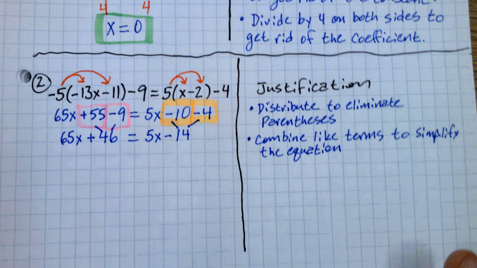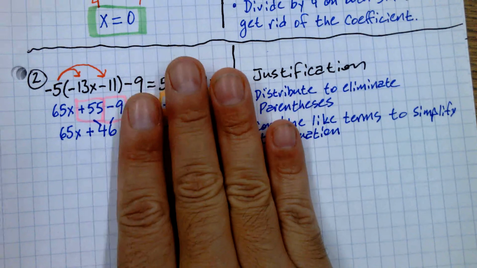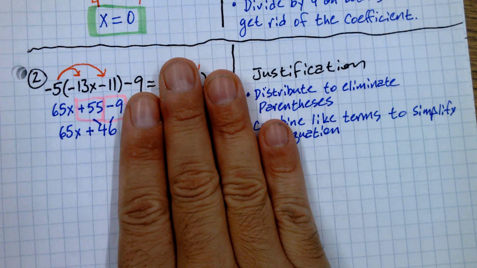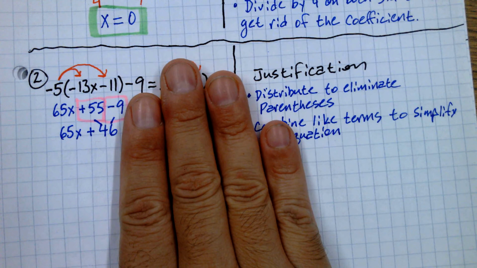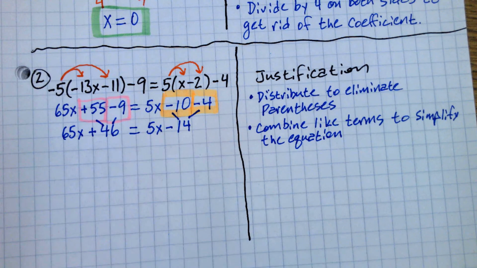It's kind of like cleaning house, putting things in order, putting them where they belong. Have less stuff to worry about. Okay, so now each side is kind of like a mini equation, if you notice. Here's the left side. There's the right side.